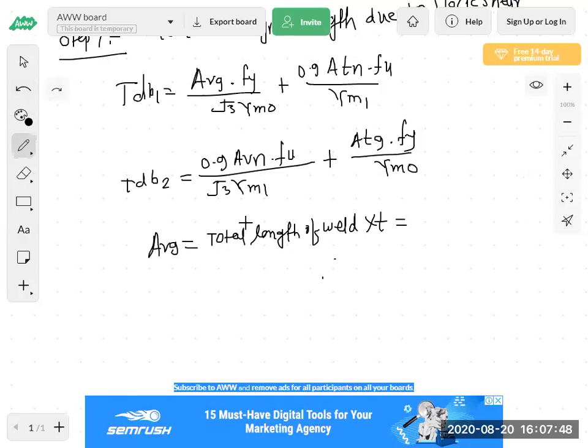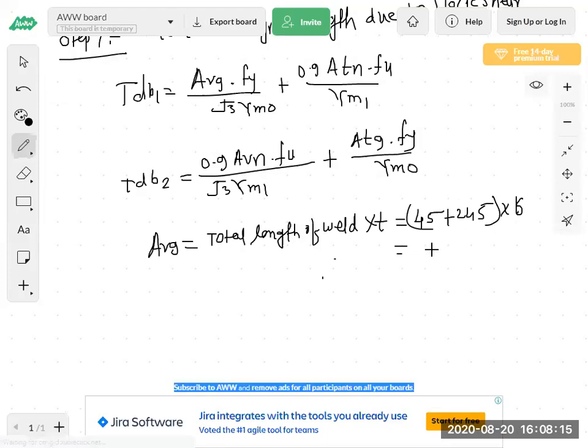Total length of weld. How much total length of weld? 45 plus 245, which we have obtained, into 6. L1 plus L2 is the total length of weld. We have to weld this much length only. So this is 1740 mm square.